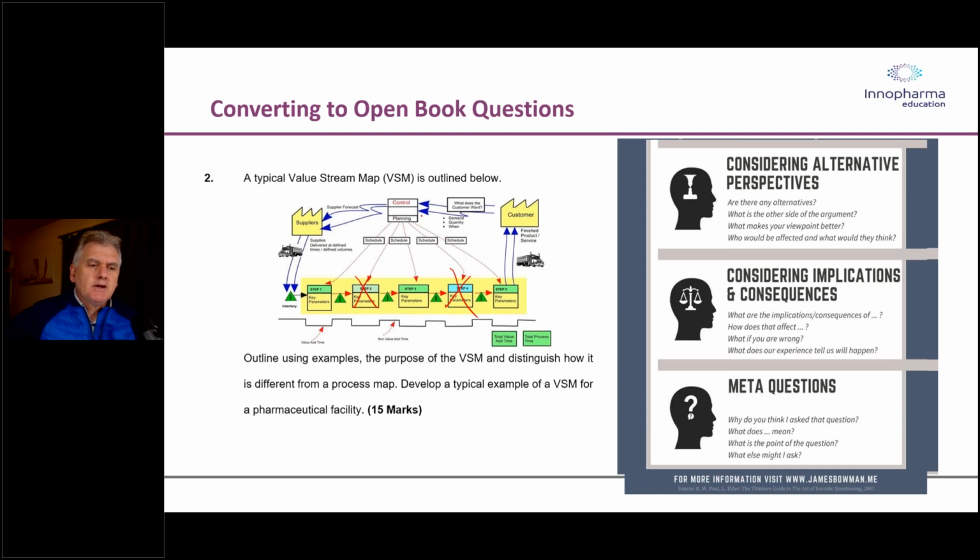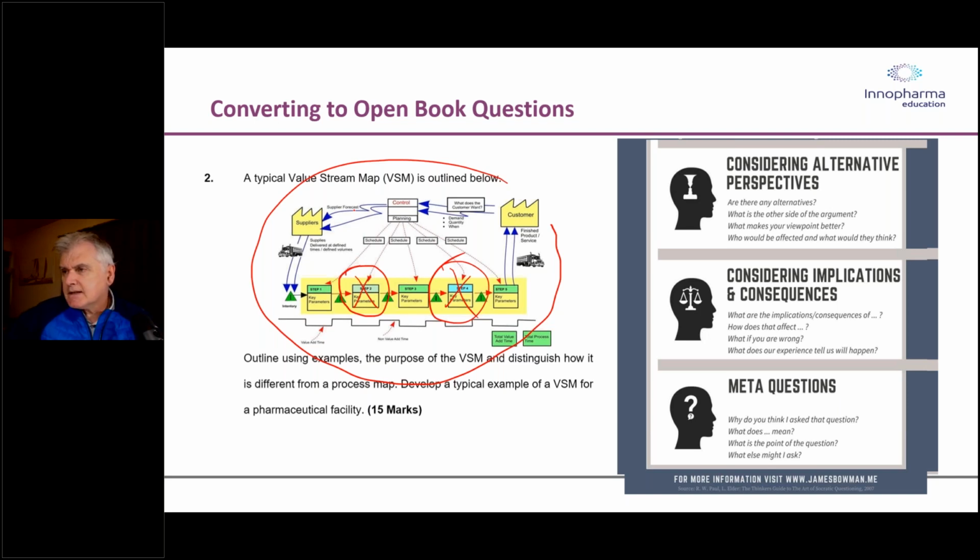And remember, one of the reasons for the value stream map is that you would look at, well, if we improved this step here, what impact would it have in terms of the overall value stream map? And it might say it makes more sense to focus on this other area. So they tend to be more higher level questions as opposed to something very, very specific.